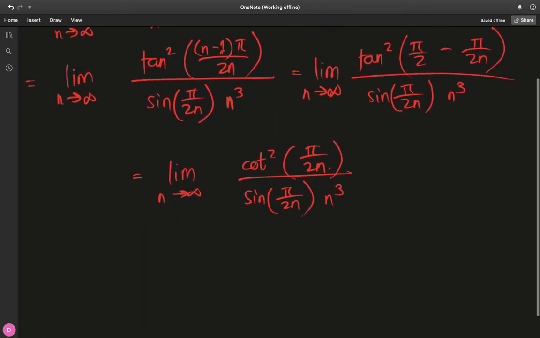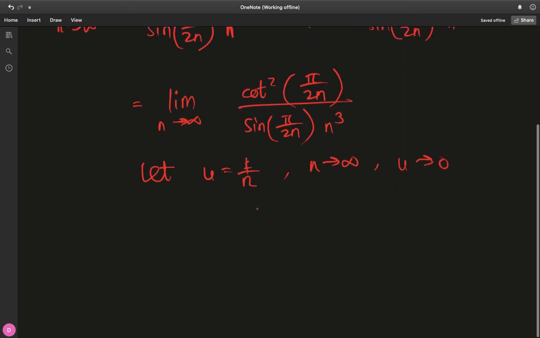Notice we have 1 over n in all the arguments, so I would really appreciate making a substitution. So I would let u equal 1 over n. But we also need to take into consideration what happens as n goes to infinity, because the limit also changes when we make this substitution. As n goes to infinity, u will go to 0, because the fraction's denominator will become really, really large, so the entire fraction will go to 0.